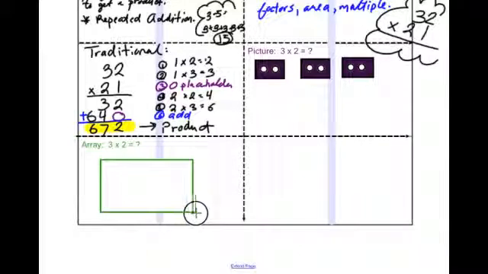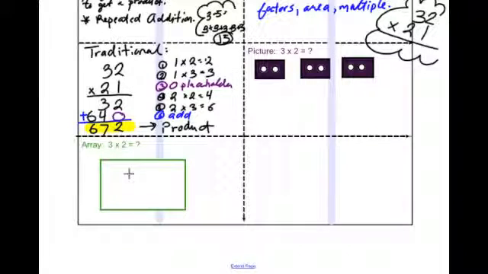And in the array method, it's really utilizing the concept of area. And you may have learned about area before, you may not, but area is the space, the two-dimensional space that is taken up by an object, a flat shape, right?